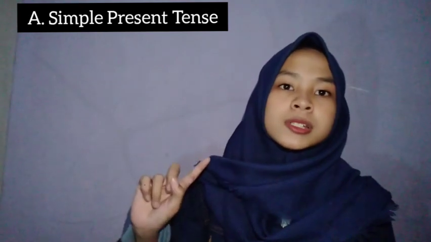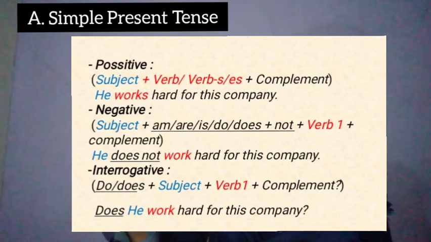So this is the positive sentence formula for simple present tense. You have to put subject, verb plus s or es, and complement. The example: he works very hard for that company.